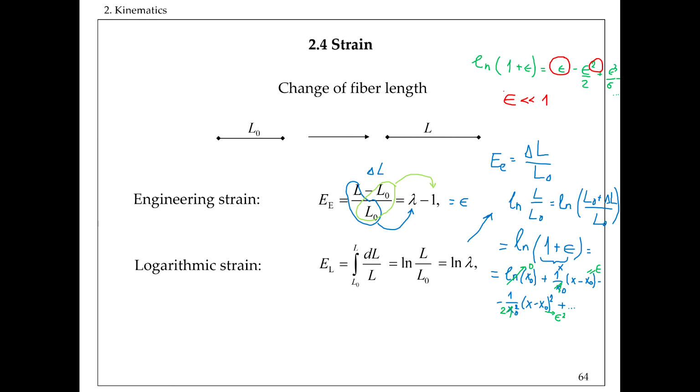However, when the strain itself, this delta L over L0, is a large number, this more accurate measure of strain, the logarithmic strain, will start to produce more and more significant differences with the measure of strain if we just simply base it on the change in the length on the global level of the whole sample and the one-step deformation.